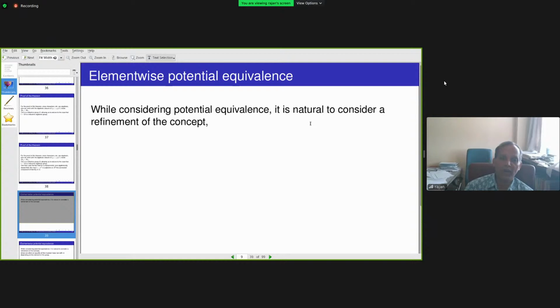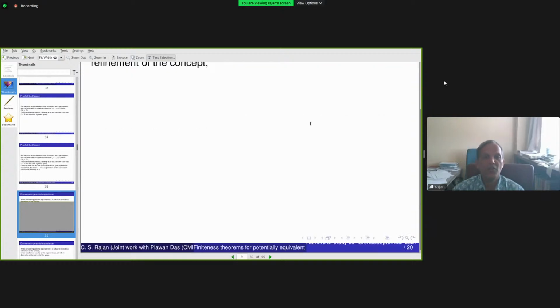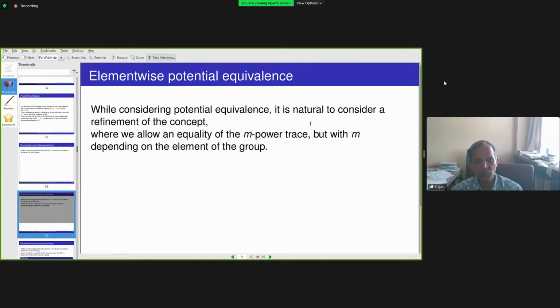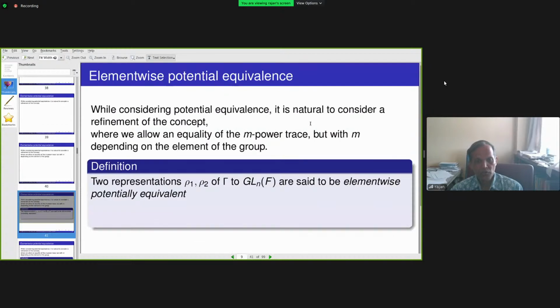Now, when you consider potential equivalence, you can consider a very natural refinement of the concept, which is to look at element-wise potential equivalence, with m depending on the element of the group. I'm not going to assume character values are equal, but only that the elements are conjugate.